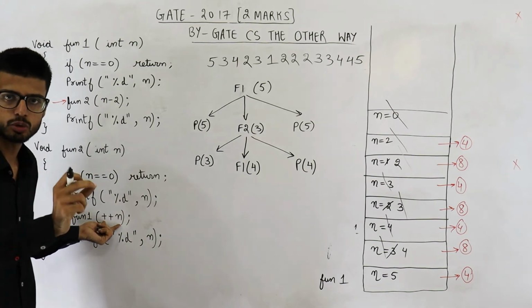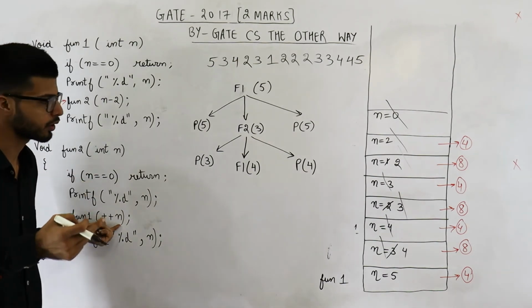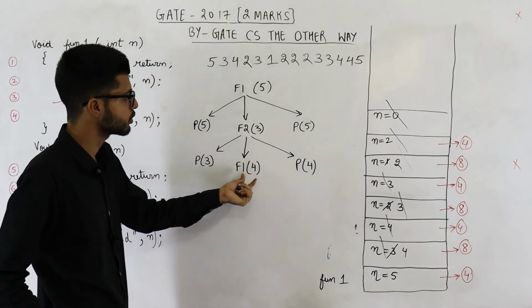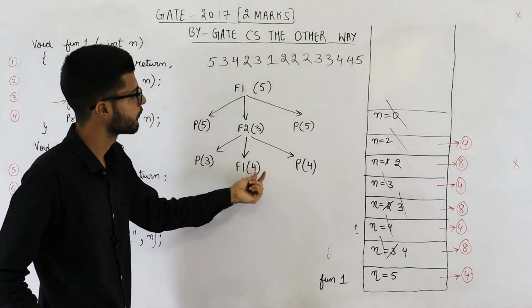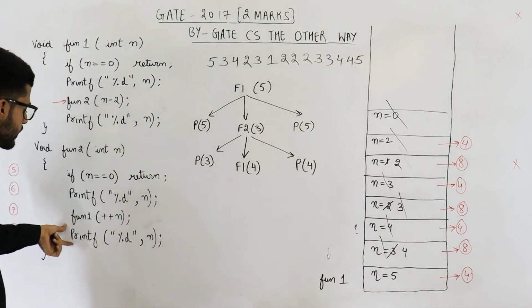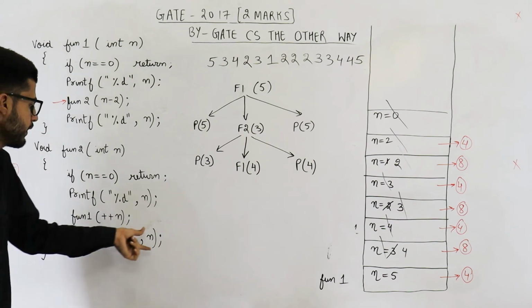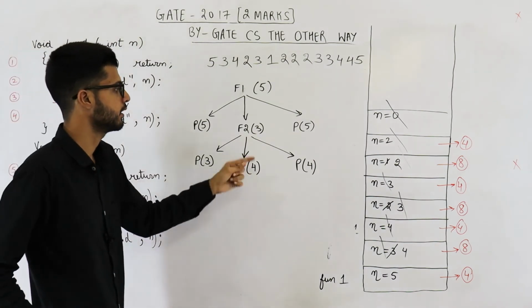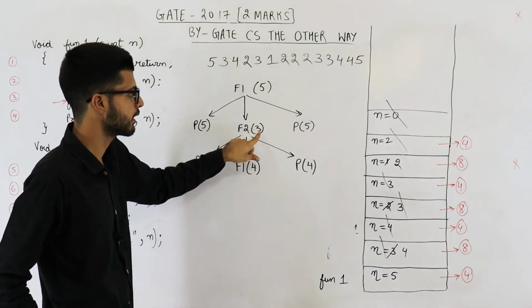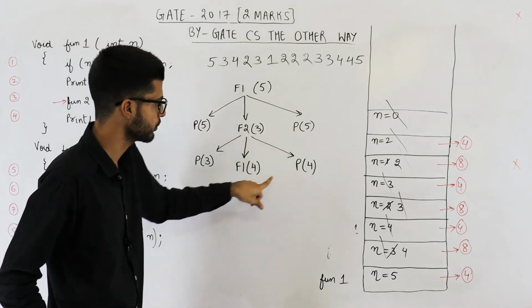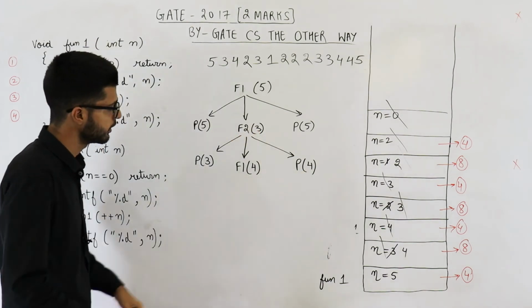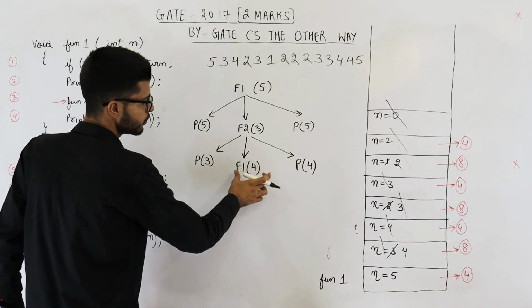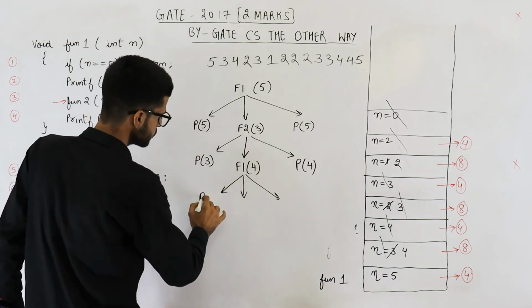That means the actual value has changed to 4 from 3. So fun1 is called with parameter 4. And then the last line that will be executed is printf n. So already we have changed n. That means now don't think that value of n is 3. It is actually 4 because here it has been incremented. Then just try to trace this call also.